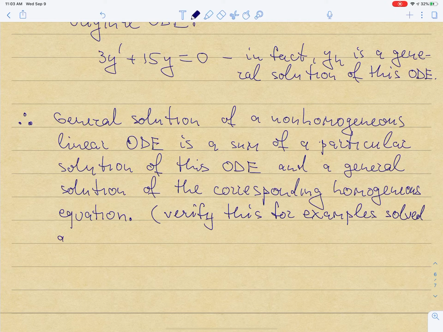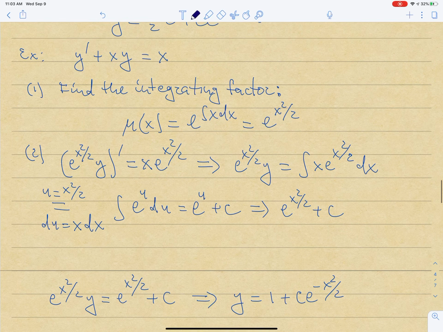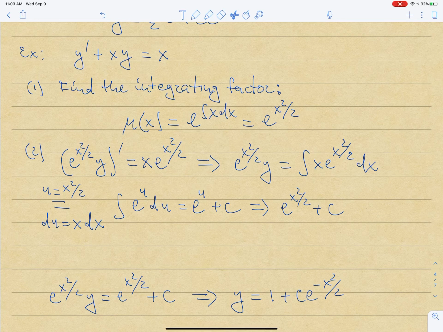So what I mean in particular is this. If I go to the previous example that we did last time, the general solution of a non-homogeneous ODE of this form has structure 1 plus c e to the minus x squared over 2. So it looks like something that does not contain c plus something which is a multiple of c.